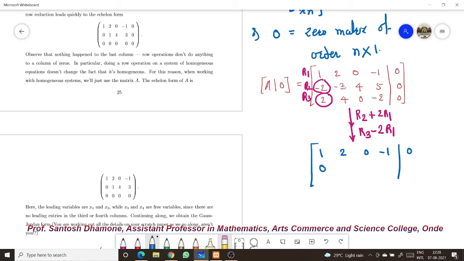The echelon form of A is the matrix 1 2 0 minus 1, 0 1 4 3, 0 0 0 0.